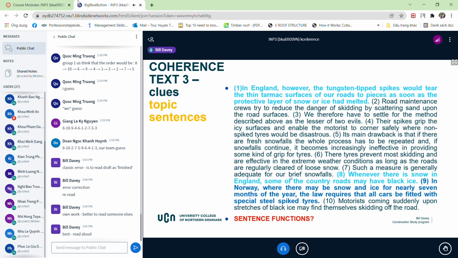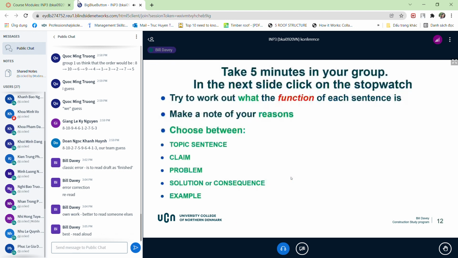So we need to think in terms of sentence function. Now, we've done this a little bit before and talked about the function of each sentence. And we talked about it in terms of those blocks. If you remember, we had topic, sentence, example, explanation, things like that.